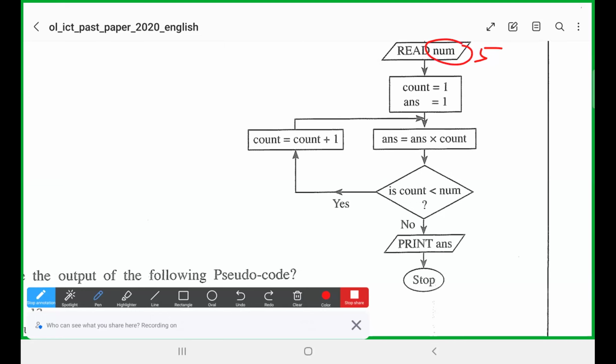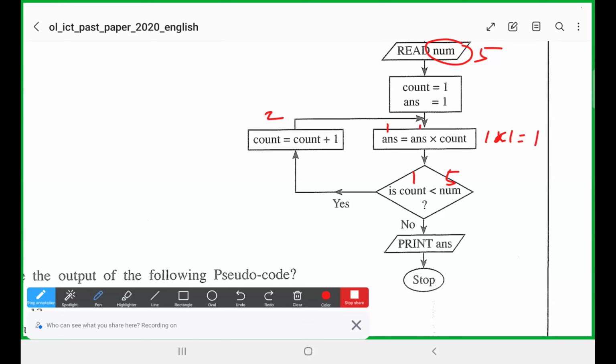Num is 5. Now count is 1 because 1 into 1 equal 1. Answer becomes 1 and count is 1. Num is 5. 1 less than 5? Yes. So you go there, then count becomes 2.